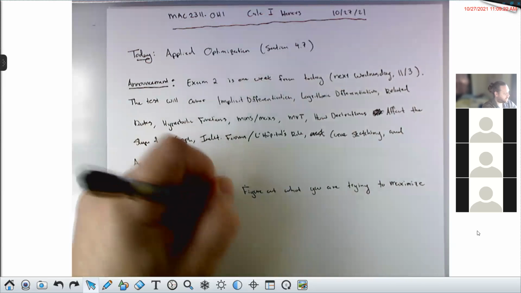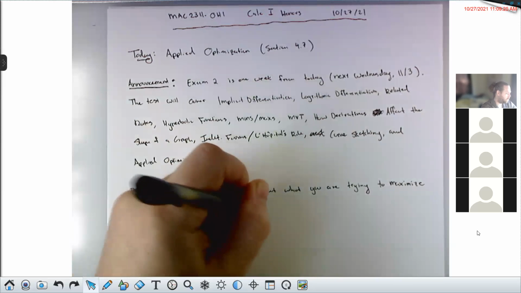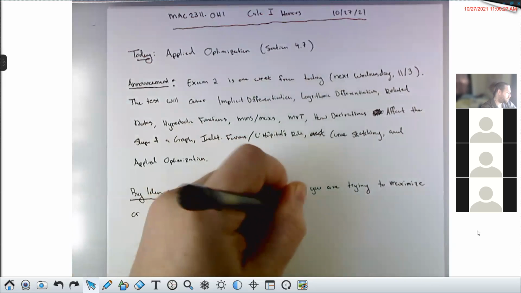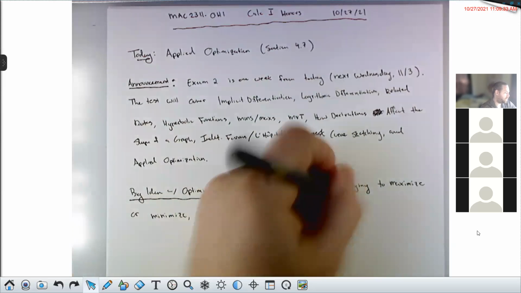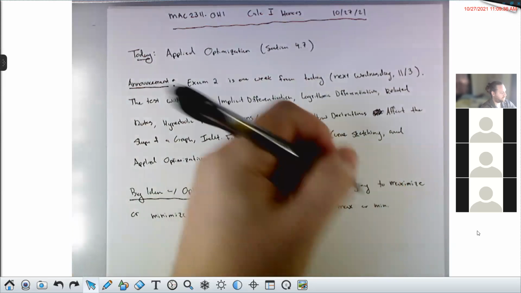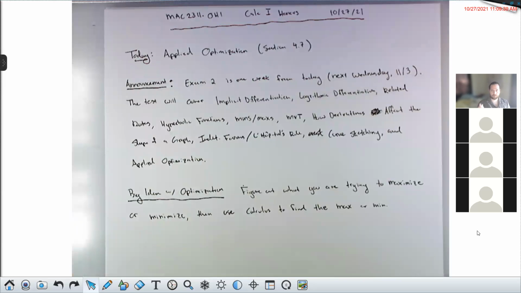Then use calculus to find the min, the max or min. That's really it. So you're going to be given some sort of real world situation most of the time. And then you will try to find an algebraic relationship between the objects in question and the thing you're trying to maximize or minimize. That will give you a function, which you are then going to differentiate and use the derivative, or perhaps the second derivative, to find the mins or maxes in question.